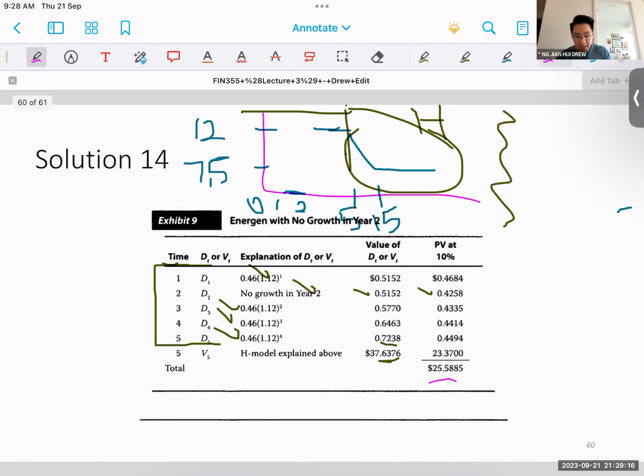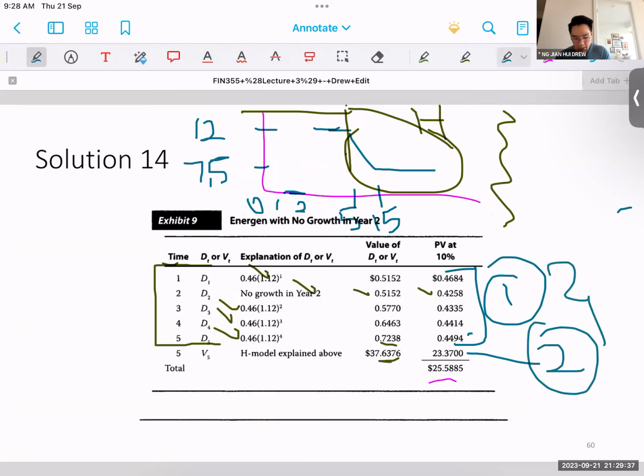And therefore, at the end of the day, what you should expect is that the total valuation should be less, right? Because your growth is less. So you add up component 1 here and component 2 from your H model, add it up together, get 25, which is less.